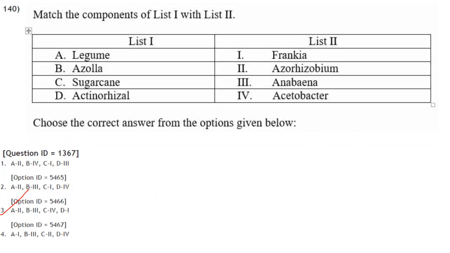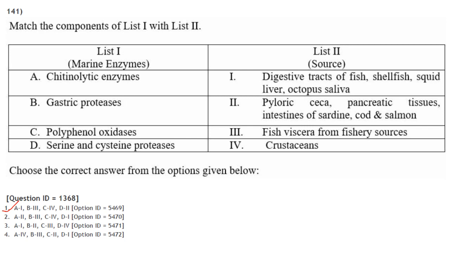Then match the following. Legume, Azorhizobium, Azolla, Anabaena, sugarcane, Acetobacter, actinorhizal, Frankia. So answer is option 3, that is A2, B3, C4 and D1. Then match marine enzyme with their source.